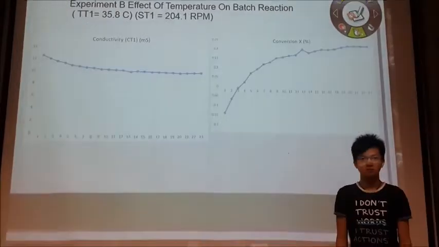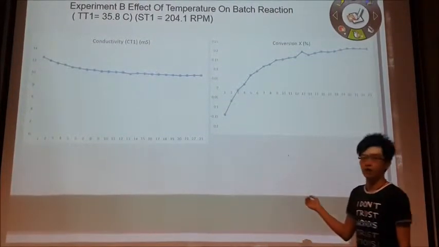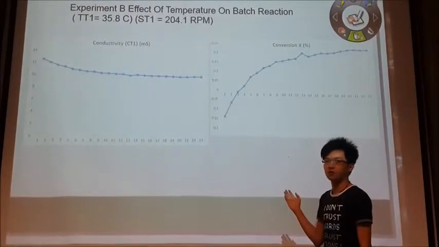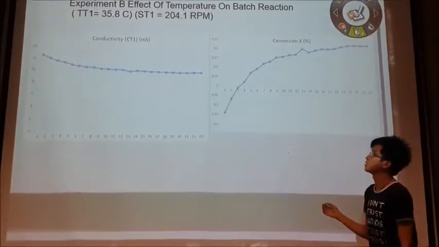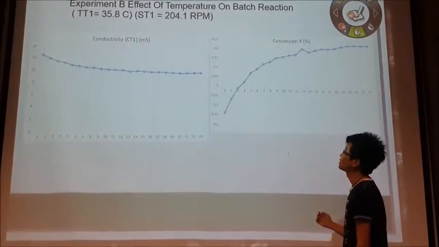Next. This is part B of our experiment. In this experiment, the temperature is adjusted to 35.8 degrees Celsius, while the rotation is adjusted to 204.1 RPM.